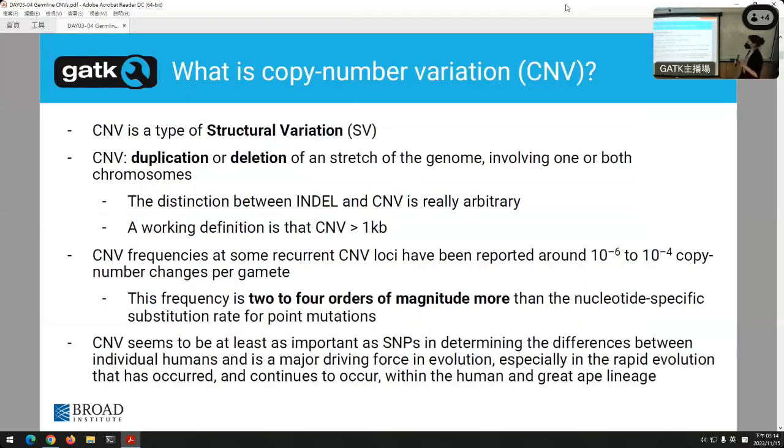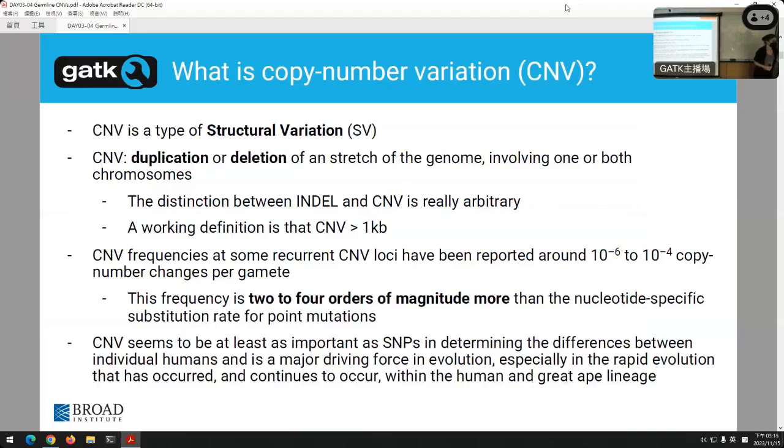Copy number variants, or CNVs, are a type of structural variation, a type of SV. There are other types of structural variants, but structural variants include copy number variants. And CNVs are duplications or deletions of a region of the genome.